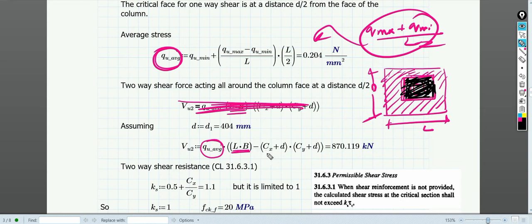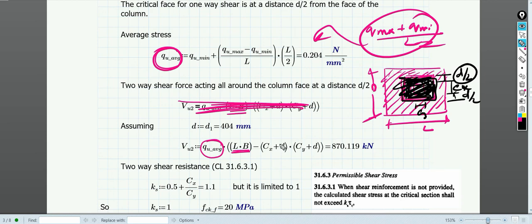The critical face is at a distance d by 2 from the face of the column. So from both the sides it is d by 2, d by 2, and if it is cx and here it is cy, then cx plus d and cy plus d. So cx plus d into cy plus d, that will give you the total area, this black area.